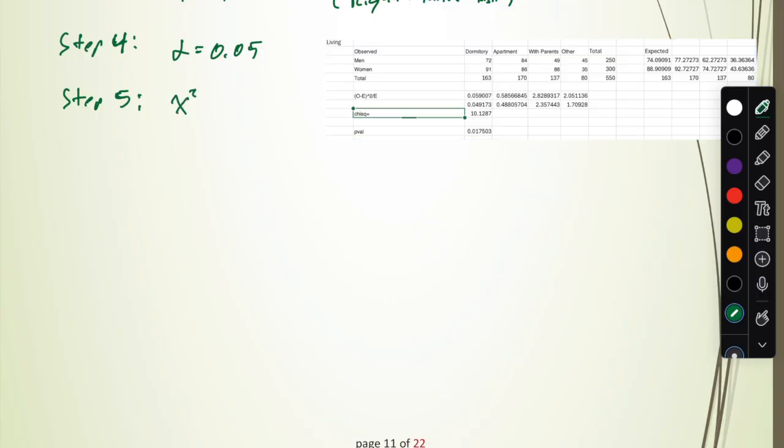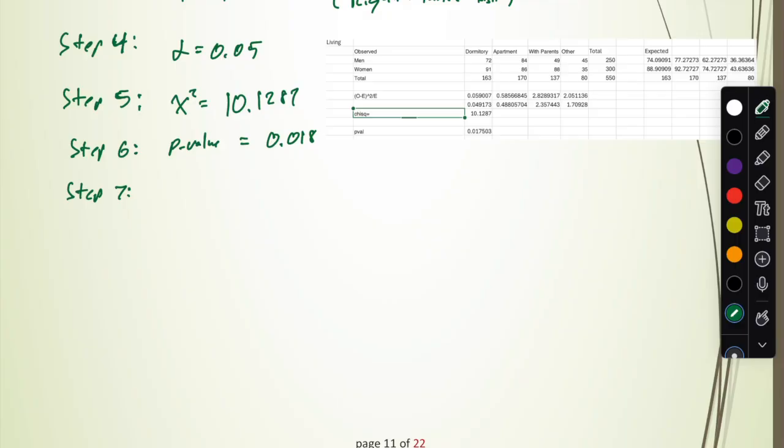So we've got chi squared equals what? 10.1287. Step 6, my p-value equals 0.017. Now let's do 18. Round it to the third decimal place.